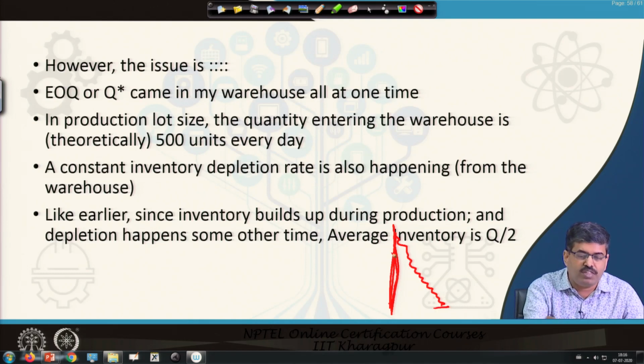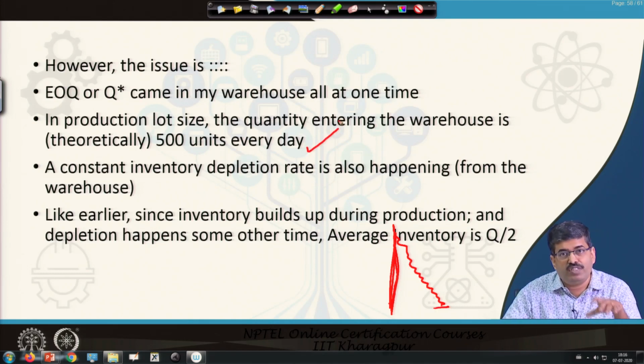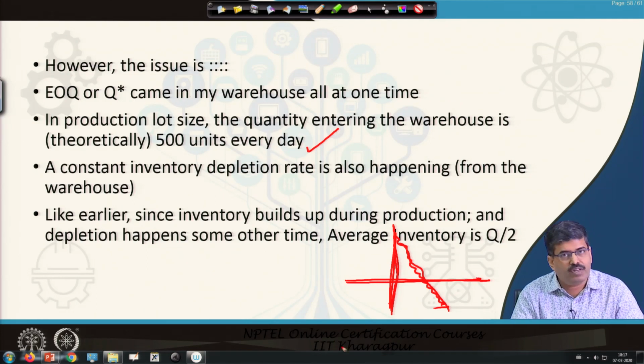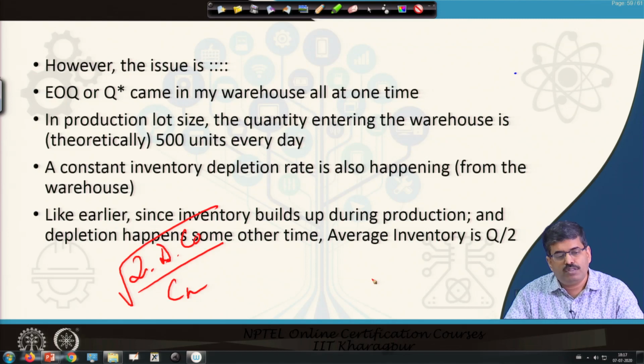Every day 500 units are coming in, for 10 days. Like earlier, since inventory builds up during production and depletion happens some other time, average inventory is again EOQ by 2 or Q by 2, maximum plus 0 divided by 2 average.